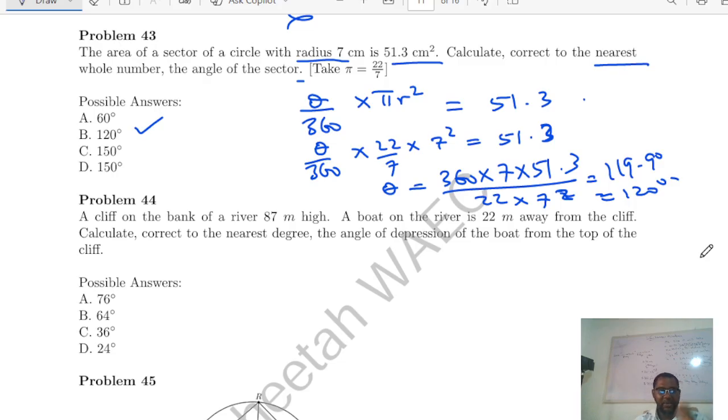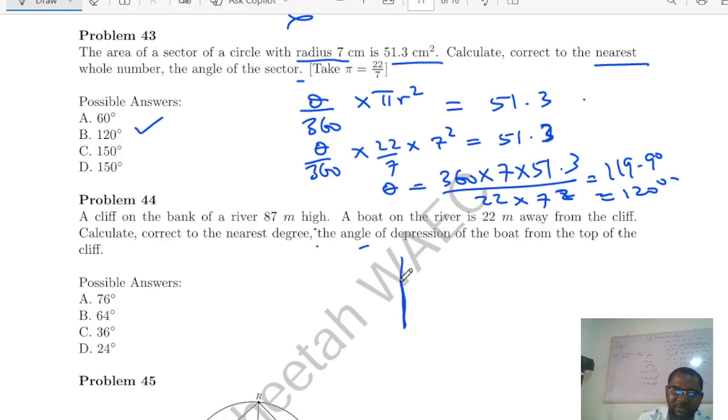Quite easy, right? That's number 44. The cliff of the bank of a river is 87 meter high. A boat on the river is 22 meter away from the cliff. Calculate correct to the nearest degree the angle of depression of the boat from the top of the cliff.